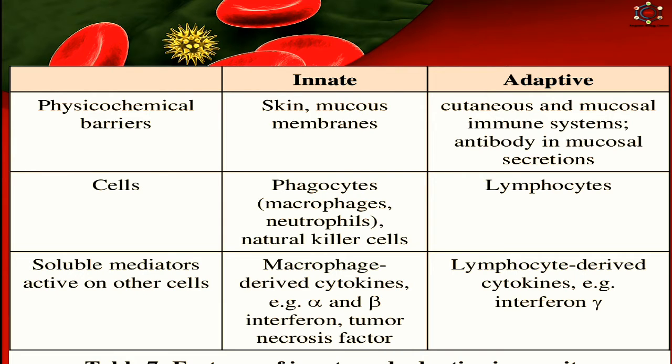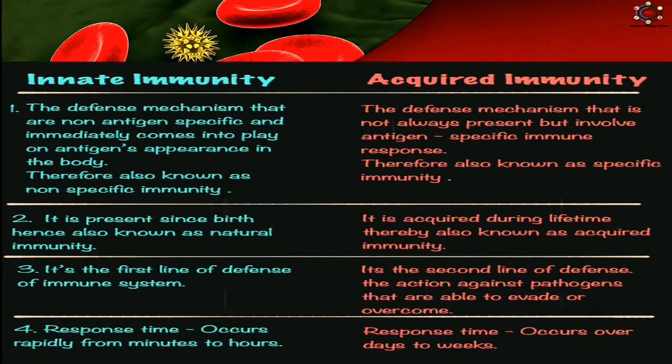According to soluble mediators active on other cells, macrophage derived cytokines, for example alpha and beta interferons, tumor necrosis factors, etc. are present in innate immunity, while in case of adaptive, lymphocyte derived cytokines, and the example is interferon gamma. So this is the physiochemical barrier, cells and the soluble mediators which are active on other cells in case of innate and adaptive immunity. So what are the main differences between the innate and acquired immunity?